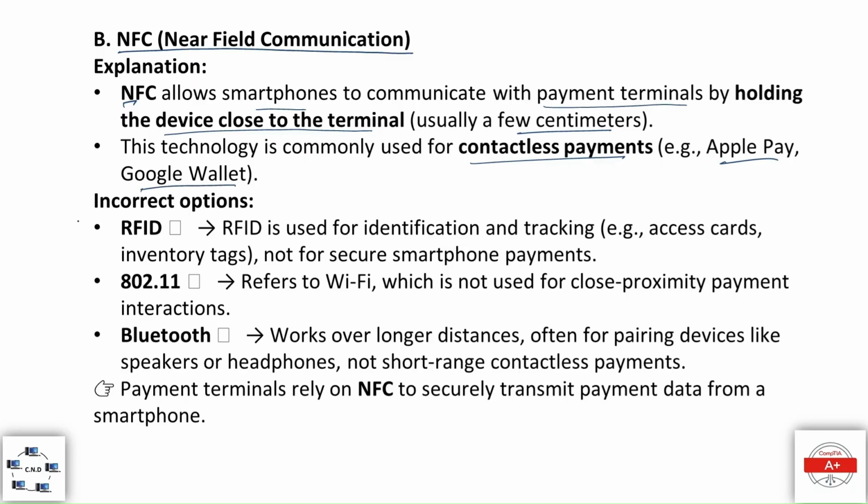So the incorrect options are RFID. RFID is used for identification and tracking, for example, access cards and inventory tags, and not for secure smartphone payments. 802.11 refers to Wi-Fi, which is not used for close proximity payment interaction, and Bluetooth works over longer distances, often for pairing devices like speakers or headphones, not short-range contactless payments.